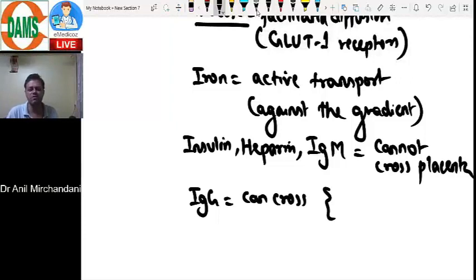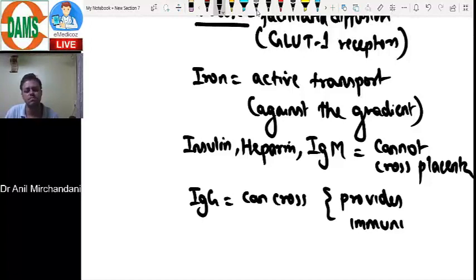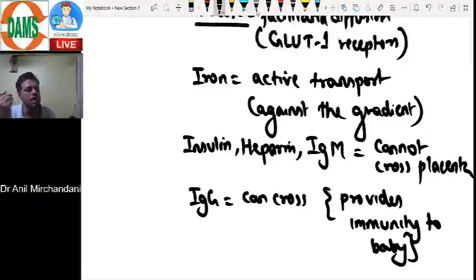So exocytosis, endocytosis is the method by which IgG can cross placenta. So it provides immunity to baby. What a wonderful concept that if mother has IgG, mother will give its IgG to baby, and once baby is born, baby will have protection to fight against the antigens which are dangerous, and mother has already developed antibodies to those antigens.